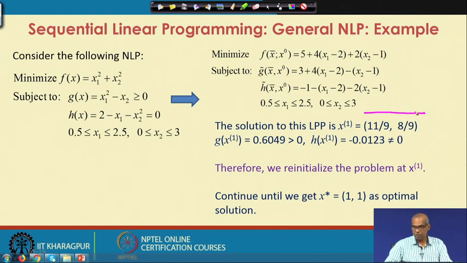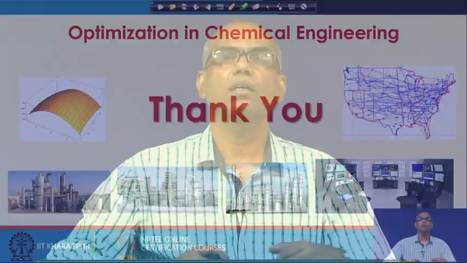It is a rough approximation of 1, 1, but if we take 2, 3 iterations more, just repeating the same steps, you will see that we are getting very close to the true optimal point 1, 1. So, this is how we can solve a general nonlinear programming problem using successive linear programming methods. So, with this we stop lecture 46 here.